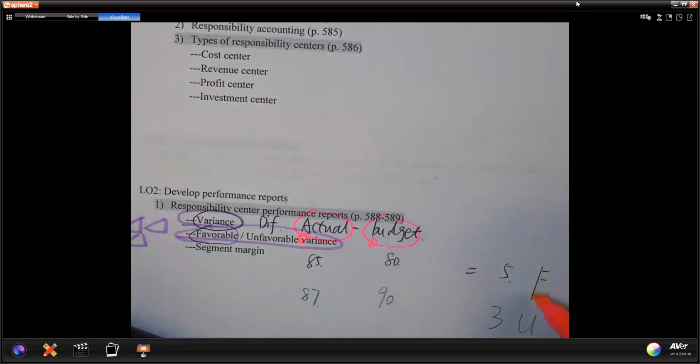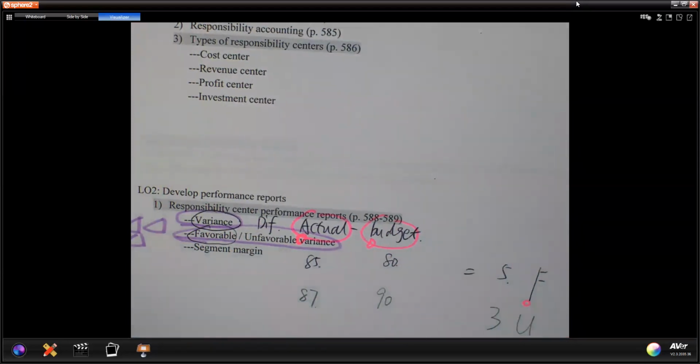And how do we decide favorable or unfavorable? Generally speaking, if your actual is better off, then it's favorable. If your actual is worse, it's unfavorable. It doesn't mean a larger number for actual is better.